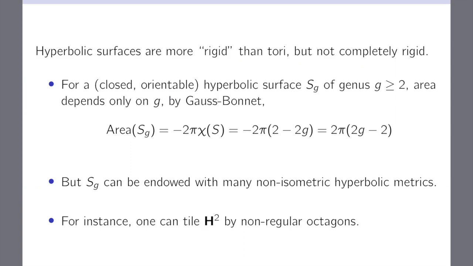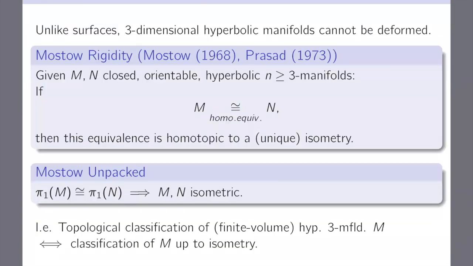And so in fact, for the genus g surface, we can endow it with many non-isometric hyperbolic metrics. So in the case of dimension 3, what's true is that unlike surfaces, 3-dimensional hyperbolic manifolds cannot be deformed.